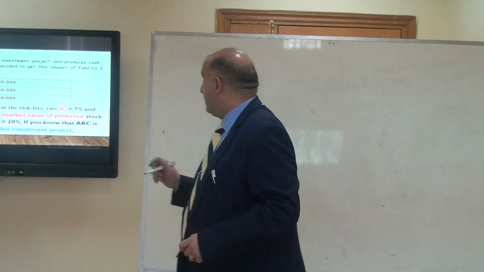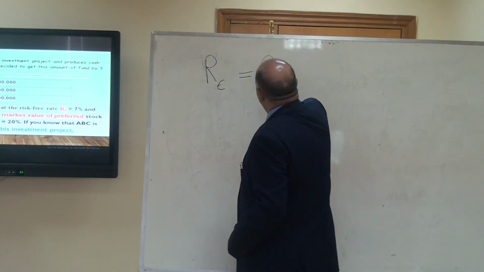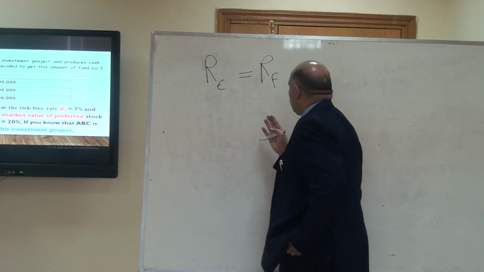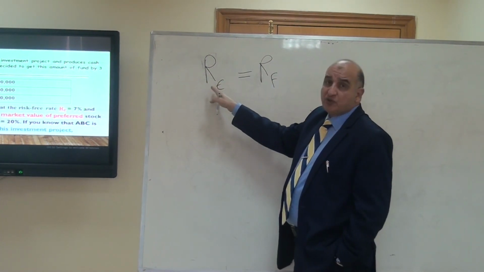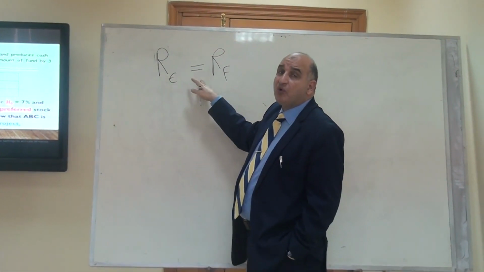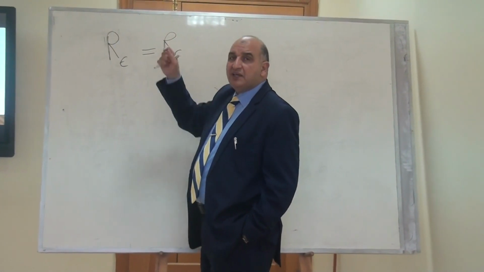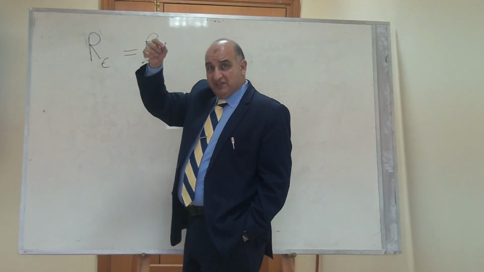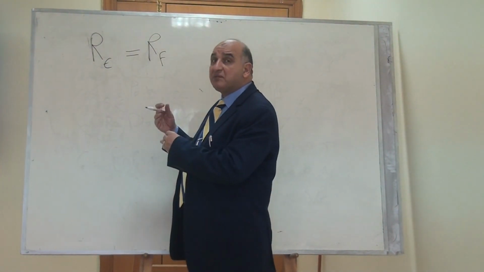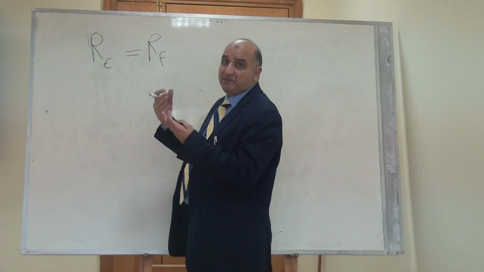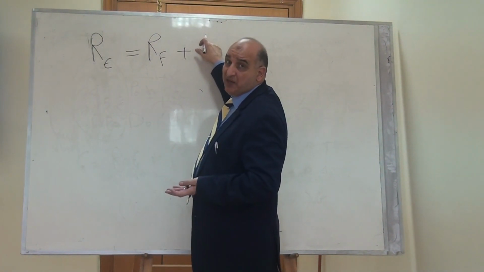So the return on equity or cost of equity equals RF, which means if there is no risk at all, we can give the common stockholder only the risk-free rate, which is the return of the treasury bills. But if it has risk, we have to give them an extra return, a premium. How can we calculate this one? It depends on how much risk you have.